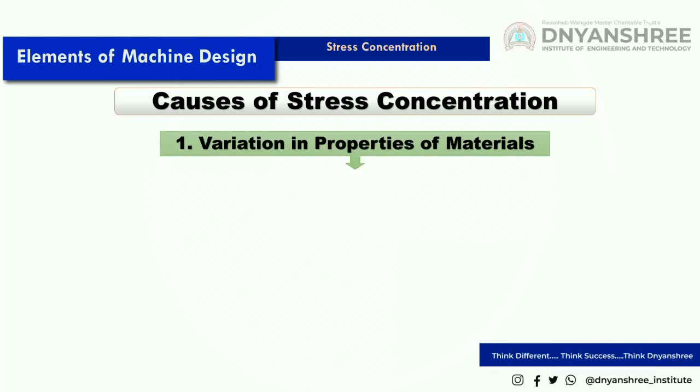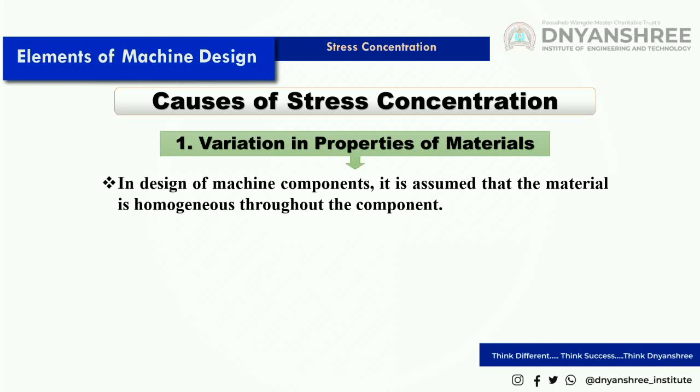In design of machine components, it is assumed that the material is homogeneous throughout the component, but in actual practice there is no homogeneous material. In actual practice, properties vary from point to point.